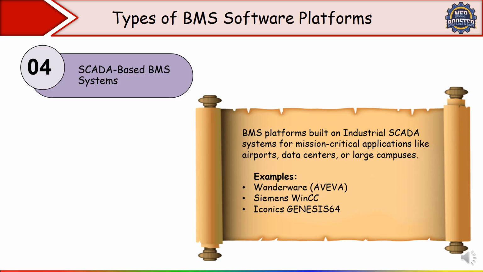But the disadvantage is the high cost of setup and licensing, and even a complex engineering process. And one more thing, this platform is not focused on HVAC only applications, it is used for power, water and large automation also.